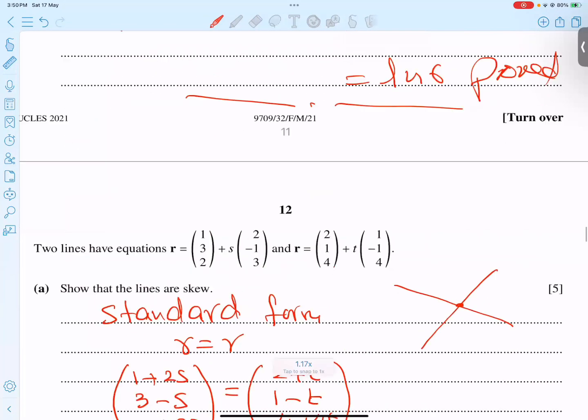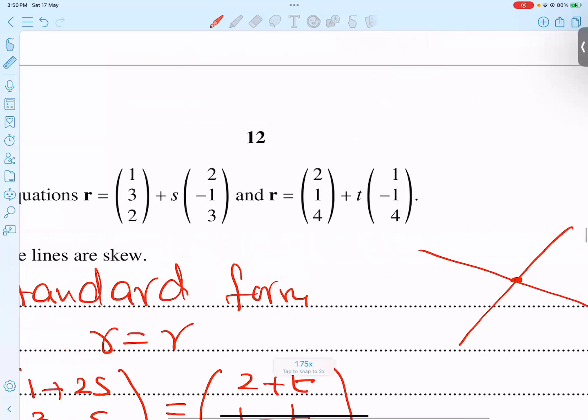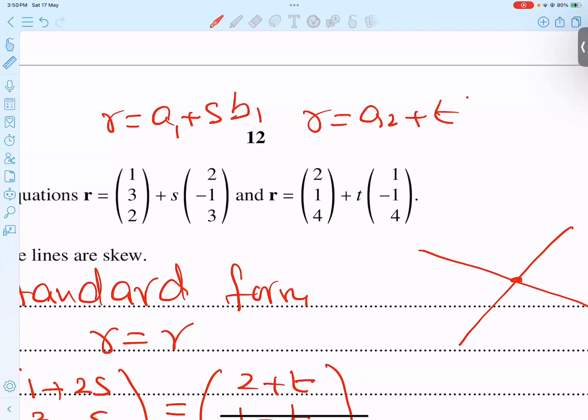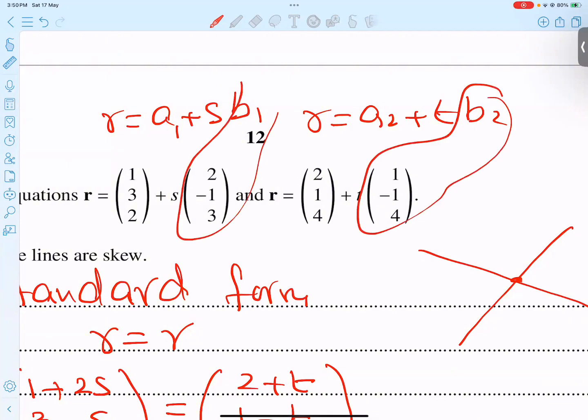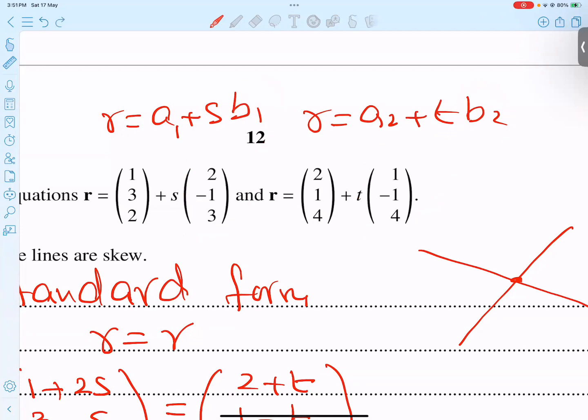For your knowledge, students, this is called r equal to A1 plus S times B1. And I call this A2 plus T times B2. So for your knowledge, this is called B2, this is called B1. And both are called directions. So whenever we need to find the angle between lines, we always take the vector after S, after T, whatever.